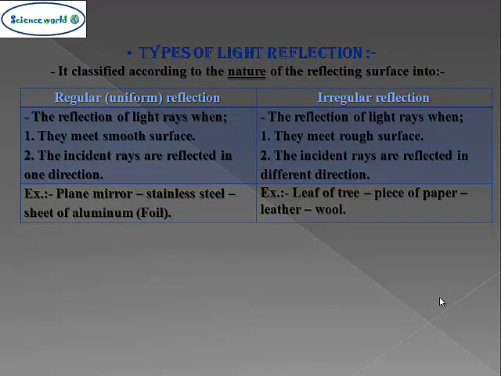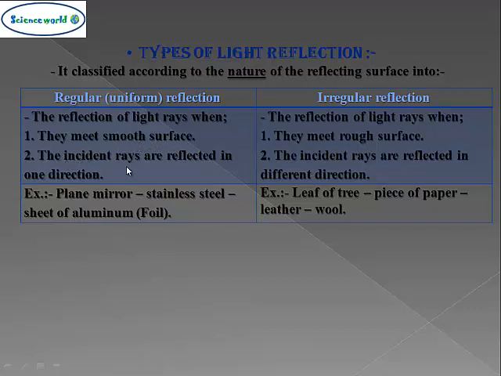Types of light reflection. It is classified according to the nature of the reflecting surface into regular reflection, or uniform reflection, and irregular reflection. Regular reflection is the reflection of light rays when they meet a smooth surface.